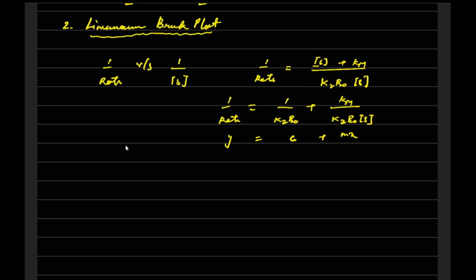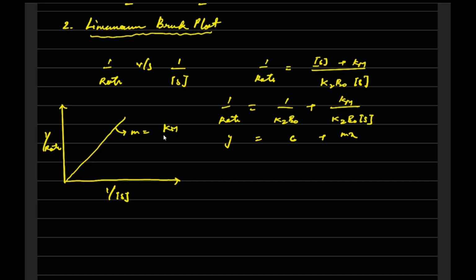Okay, so if we plot 1 by rate versus 1 by concentration S, it will be a straight line with M equal to Km by K2 E naught.